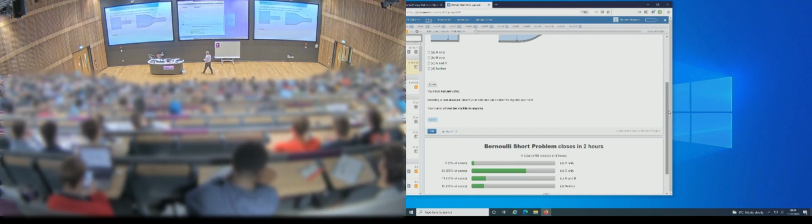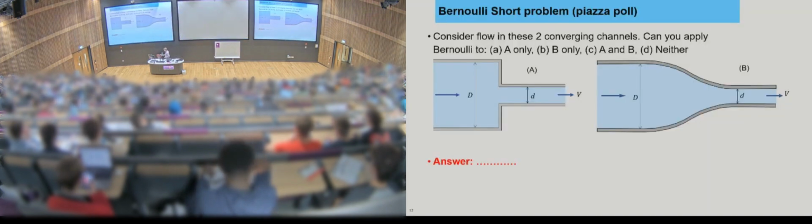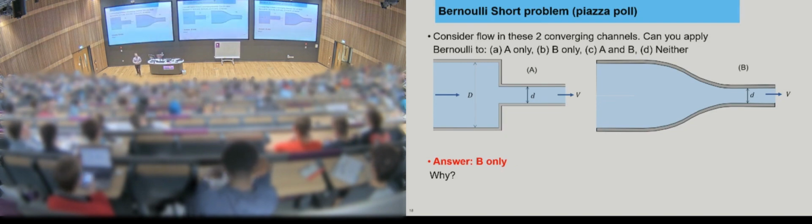All right, okay. I'm very happy with that. I'm very, very happy because it is correct, okay? So you can only apply Bernoulli to this case on the right-hand side.